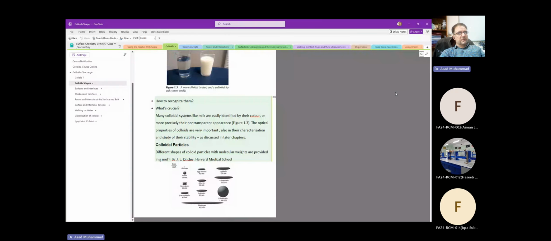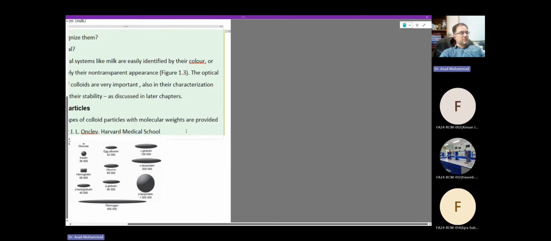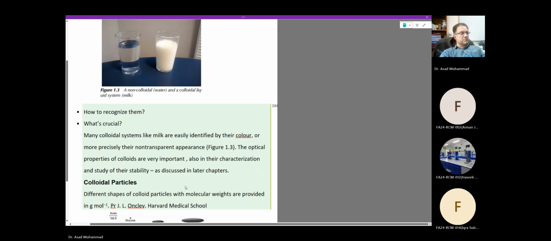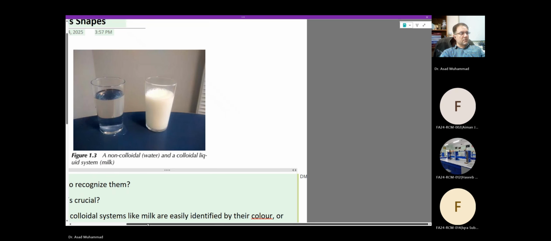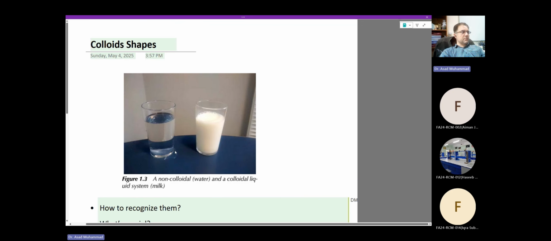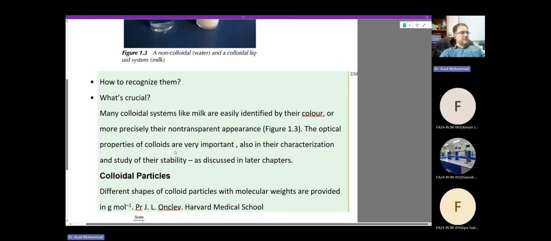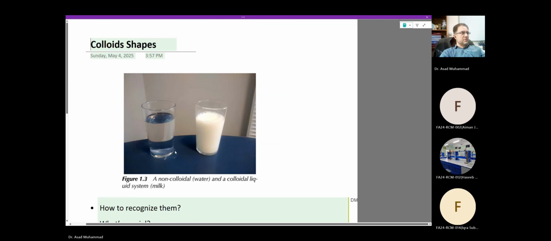If we want to know about the shape of the colloids, we first look at a simple example. Water is non-colloidal.